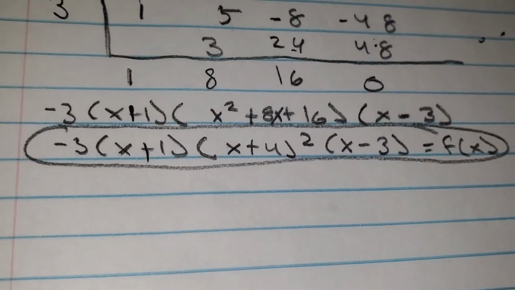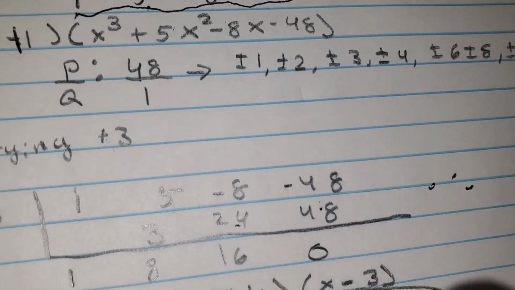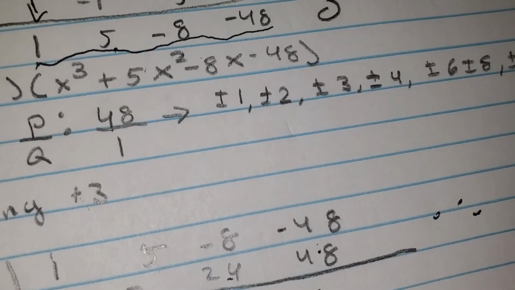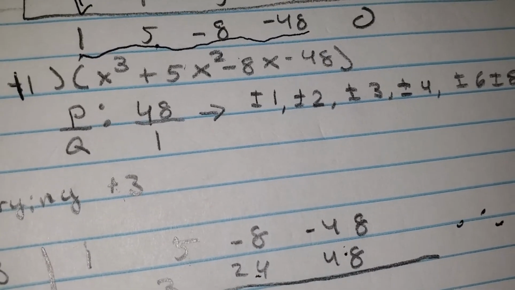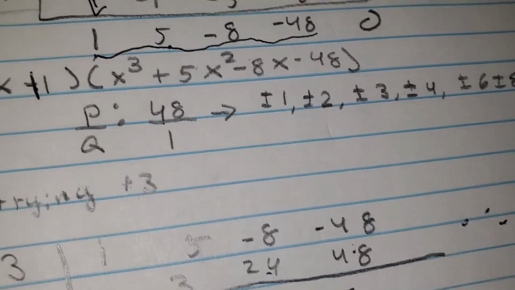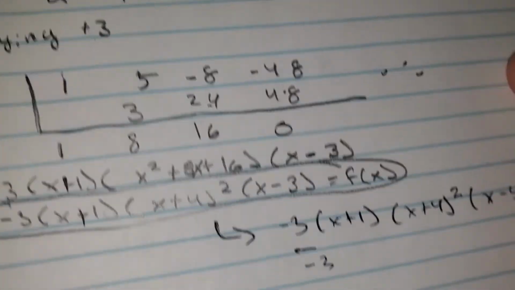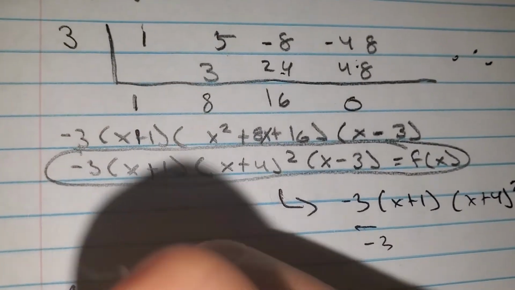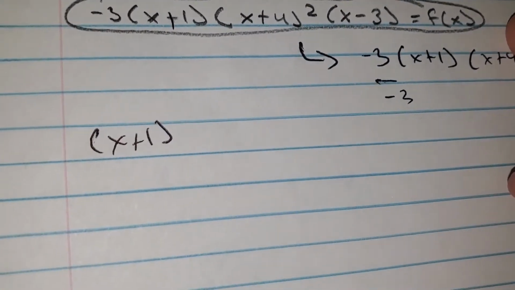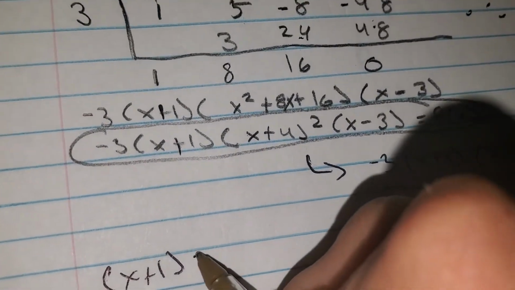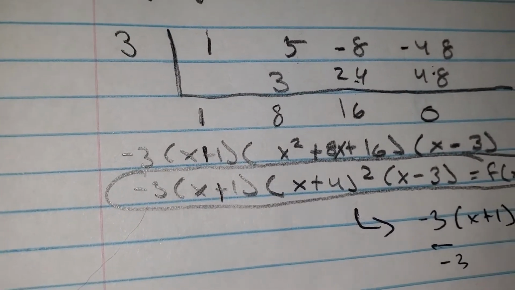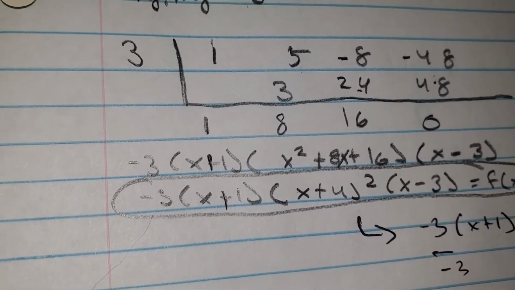Now setting it all equal to 0. We divide out by -3 so you guys can see that, leaving us with x plus 1 times x plus 4 squared times x minus 3.